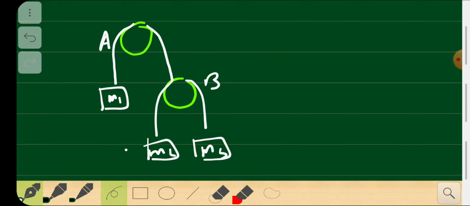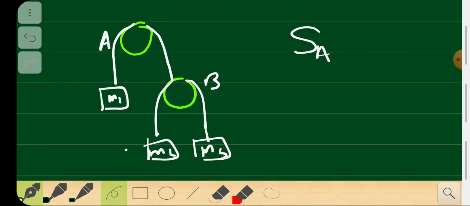What I'm going to do first is use a tricky thing right now. This is the only complicated part in this problem. I'm going to assume that this string is not going to extend, so string A will be the same after a movement.